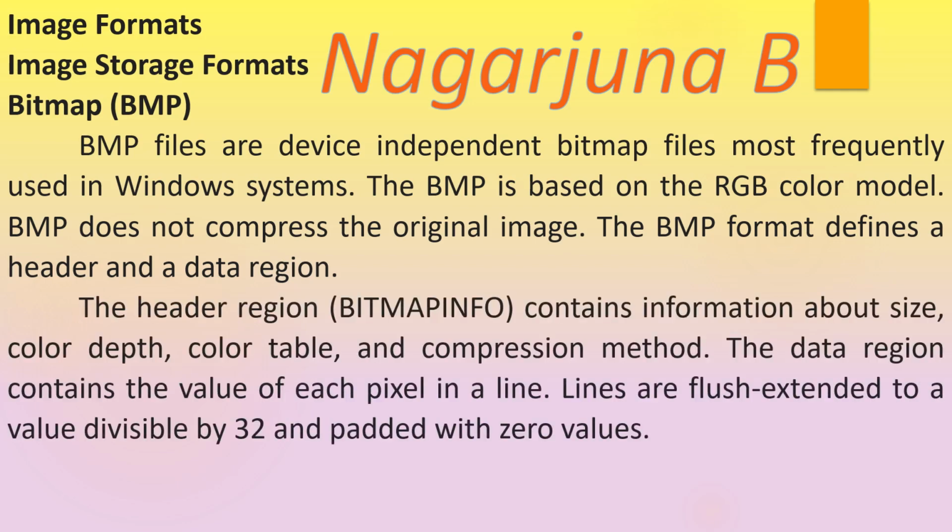The header region, bitmap info, contains information about size, color depth, color table and compression methods, whereas the data region will contain the value of each pixel in the line. The lines are extended to a value divisible by 32 and padded with 0 values.